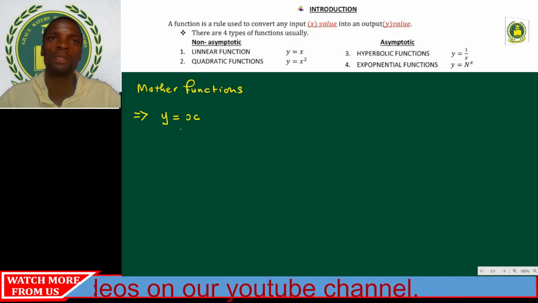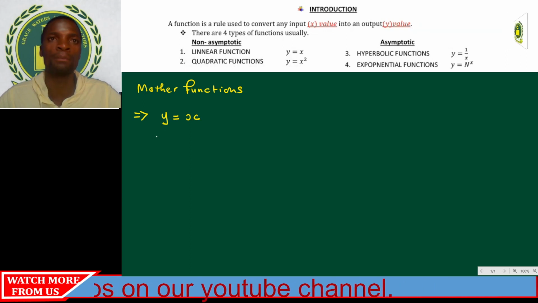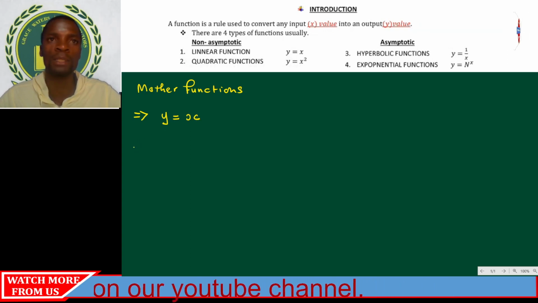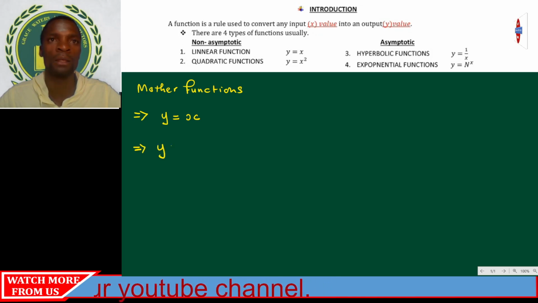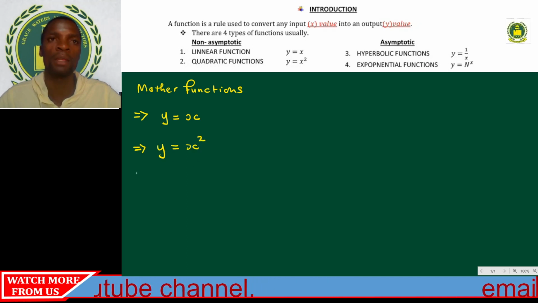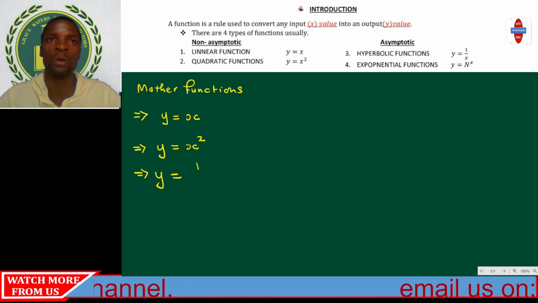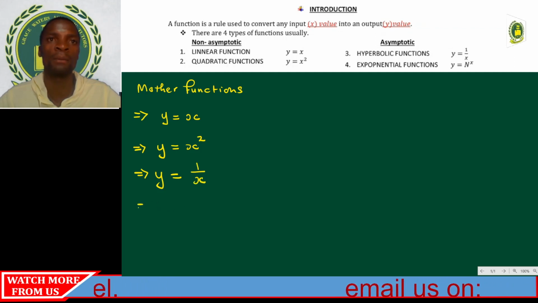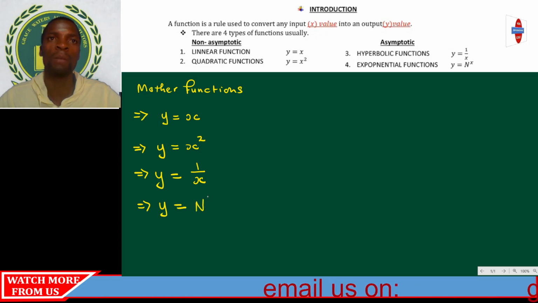For quadratic, we have y equals x to the power 2. Number 3, we have the hyperbolic, which is y equals 1 over x. And finally we have the one that has a power, which is y equals any number to the power of x.